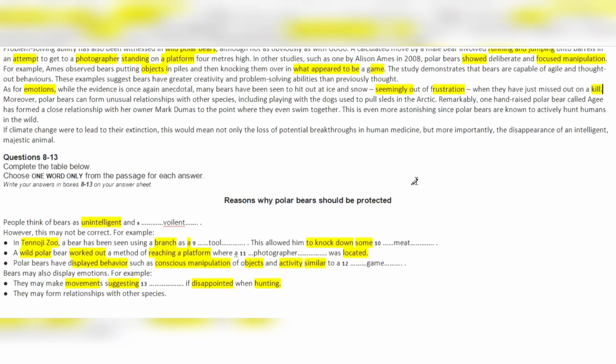Seemingly means suggesting. When they miss an animal to hunt, then they react out of frustration. So the answer would be frustration.